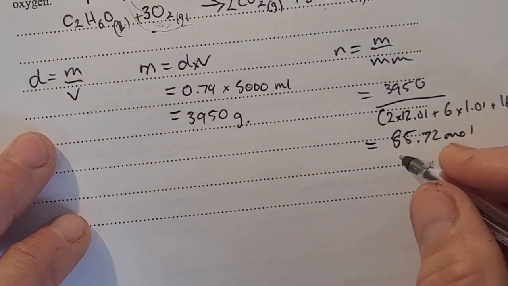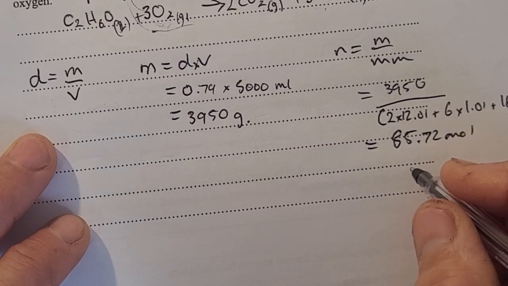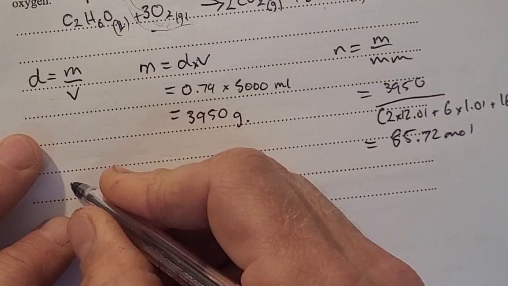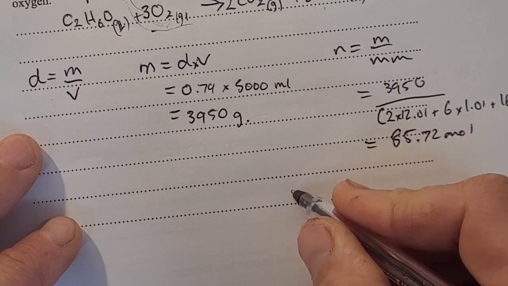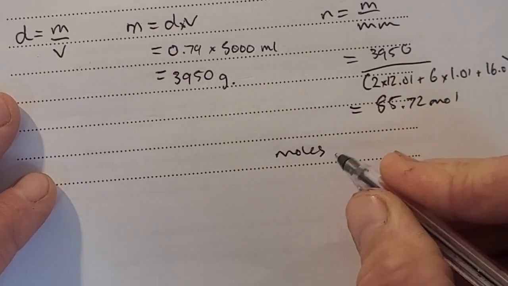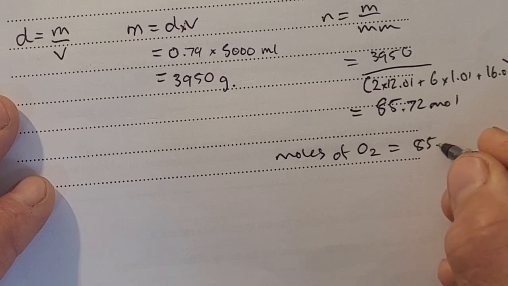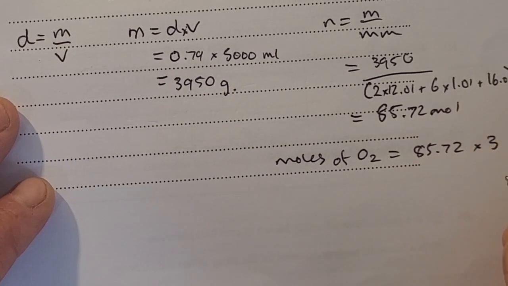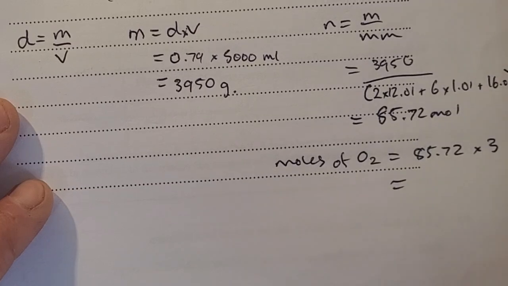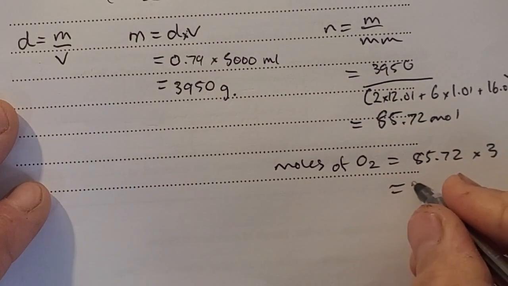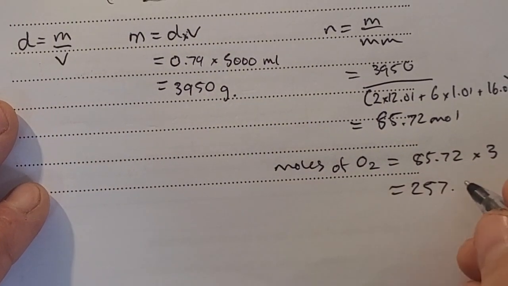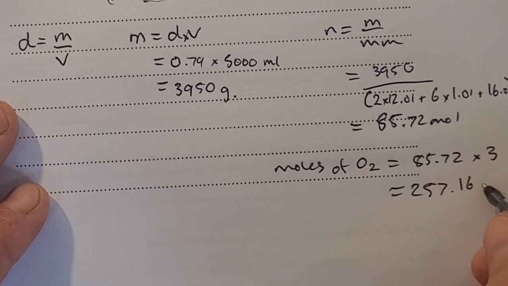Well, moles of O2 equals 85.72 times 3 because of the molar ratio. 257.16 moles of O2.